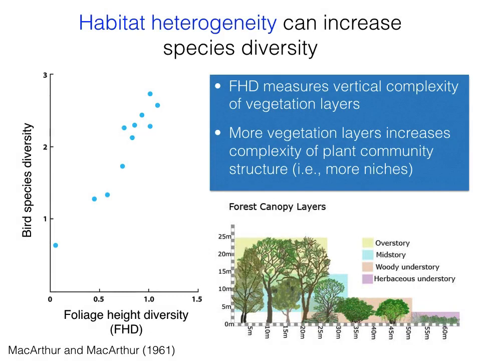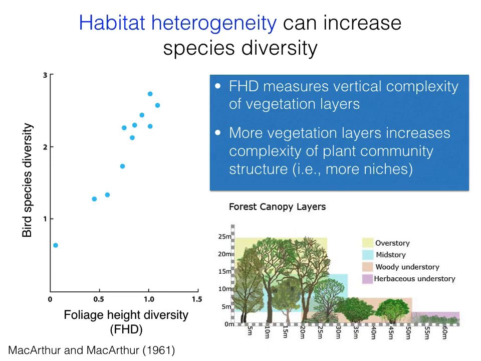Another important factor that can have a strong influence on species diversity is what's referred to as habitat heterogeneity. Habitat heterogeneity is simply the variety or complexity of different kinds of structures or niches, things like topography, slope, aspect, elevation.